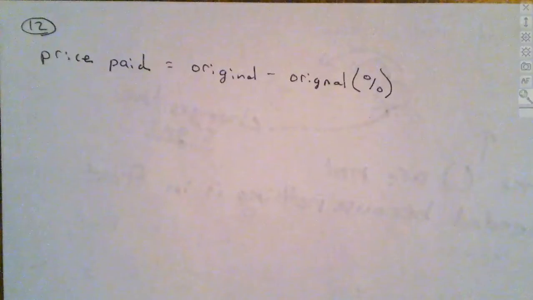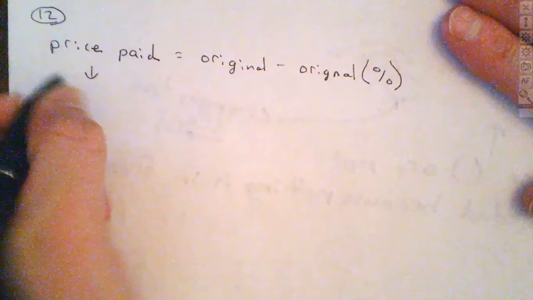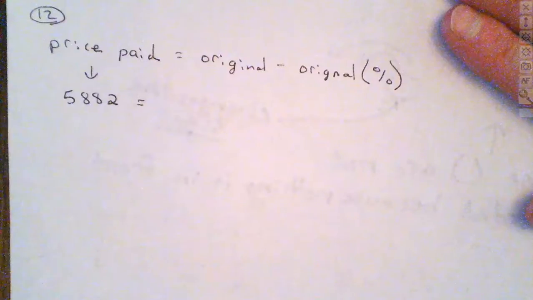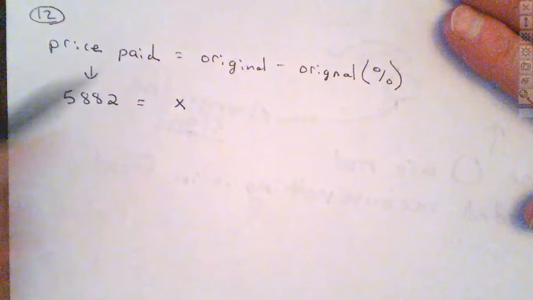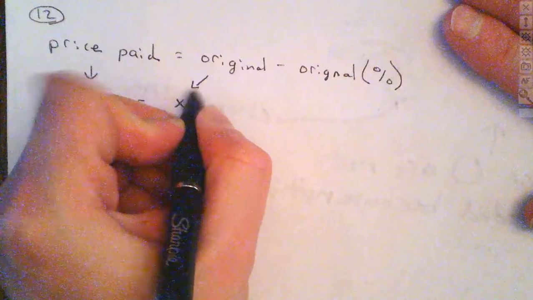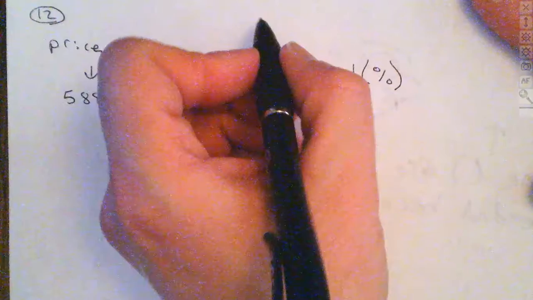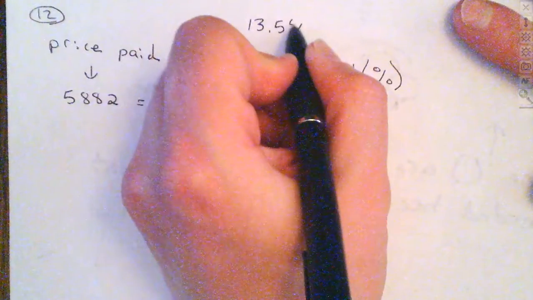Okay, now how much did we pay? Well, in this case, we paid $5,882. And then the original price, well, that's unknown. So we'll use an X to represent that original price. And what about the discount? Well, the discount rate is that 13.5%.